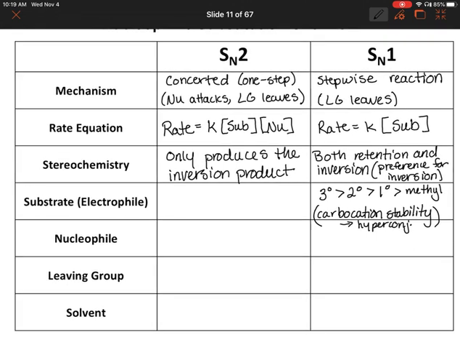So a methyl substrate would be better than a primary substrate, then a secondary, then a tertiary. So if you have a tertiary substrate, it's going to prefer an SN1 reaction over an SN2 reaction because the nucleophile can't really attack a tertiary substrate very easily. And again, that's due to what we call steric hindrance. Or you could also write bulkiness.